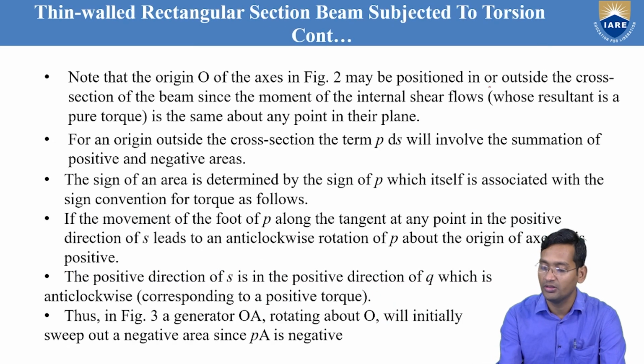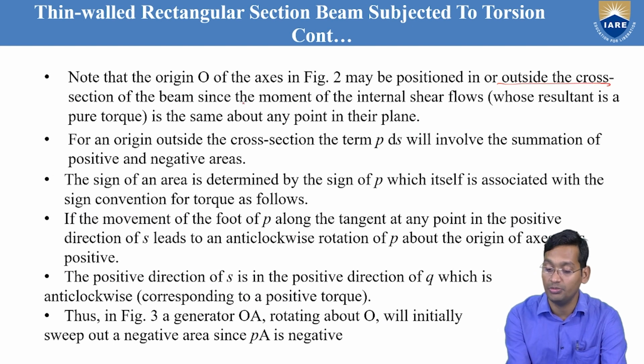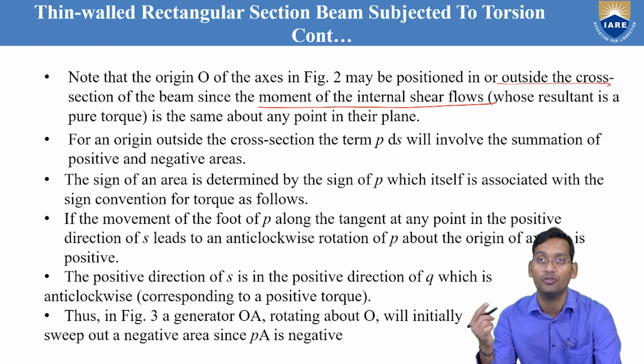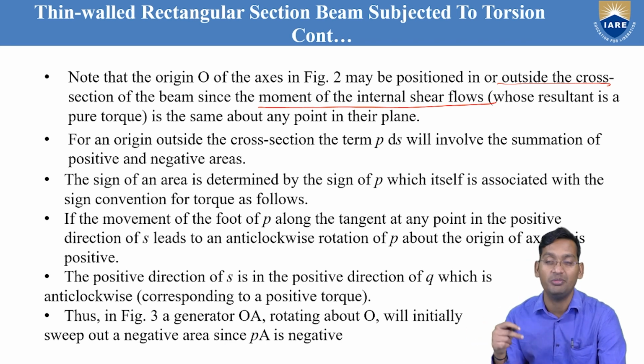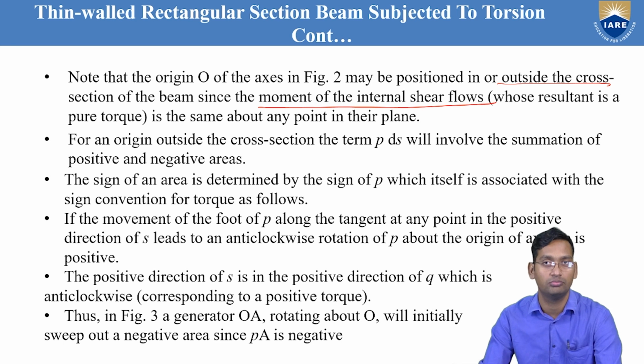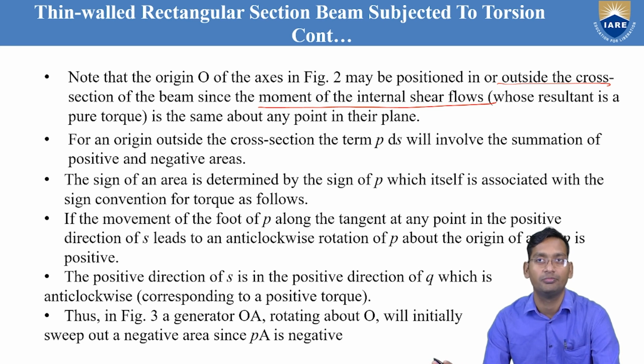The reason is that the moment of the internal shear flow will be the same about any point in that particular plane. So the origin might be inside or outside, that won't affect the moment of internal shear flow. So that can be anywhere.